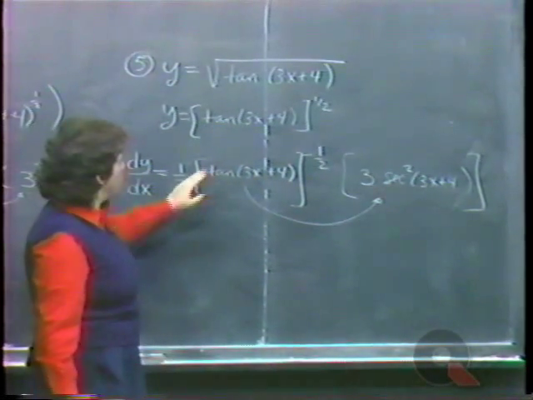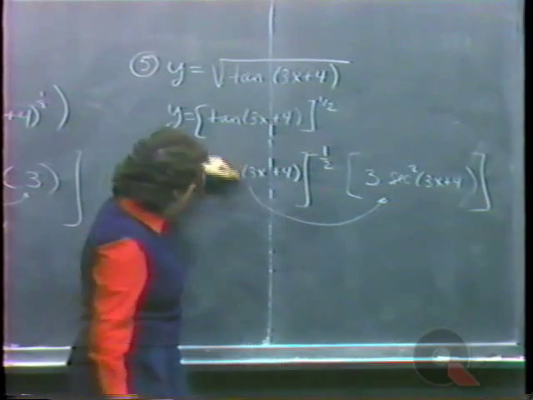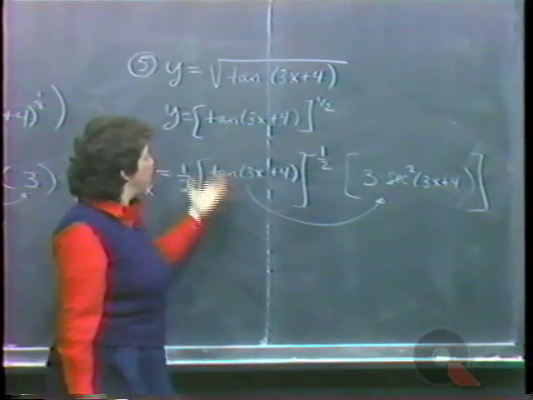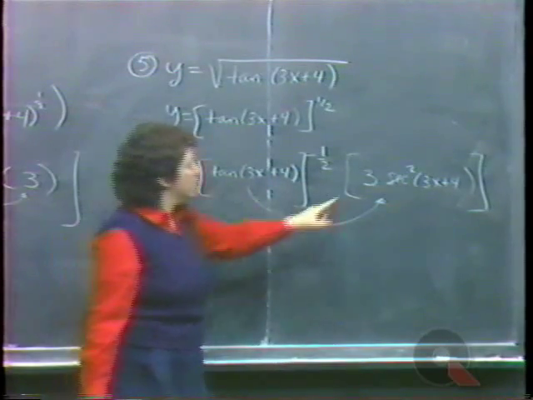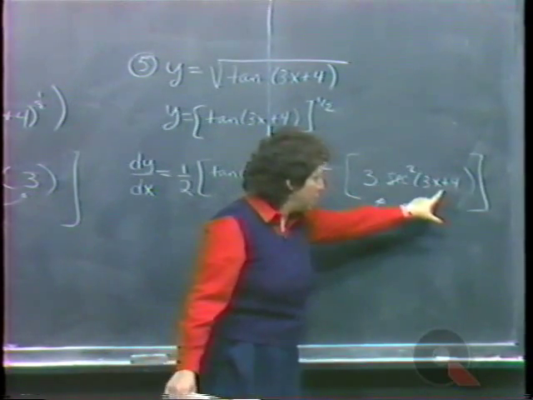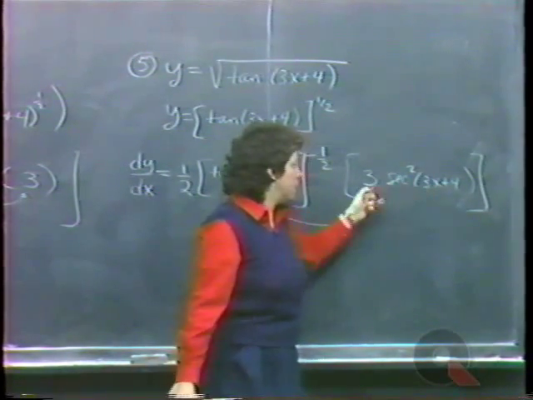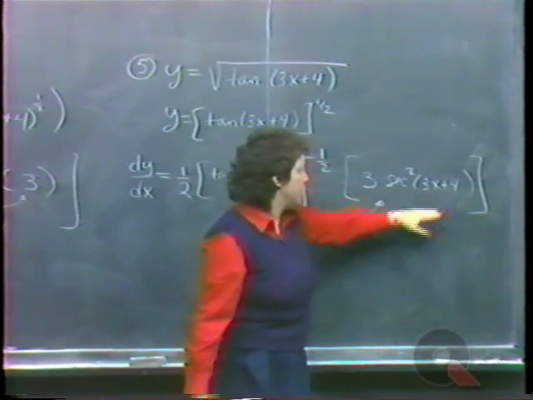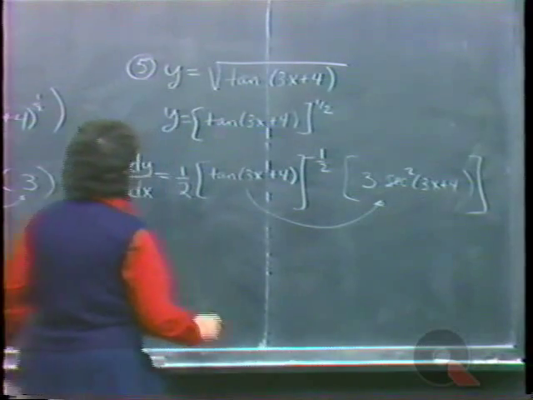So we have power, function, 1 less power, times the derivative of the inside, but the derivative of the inside, the derivative of tangent of something, is secant squared of the same something times the derivative of the something. So secant squared of 3x plus 4 times the derivative of 3x plus 4, which is 3.